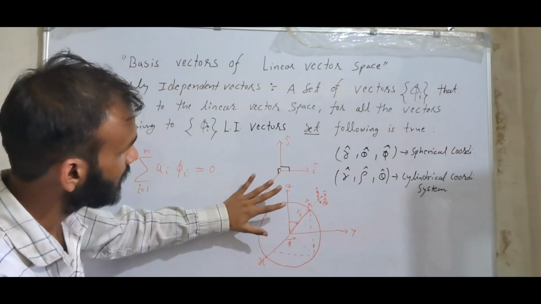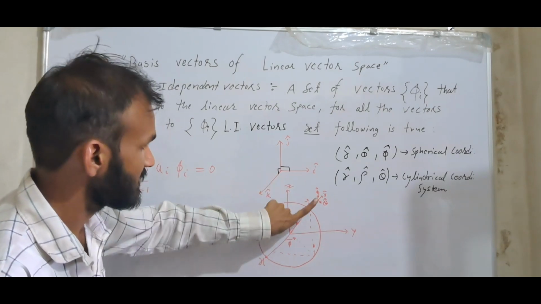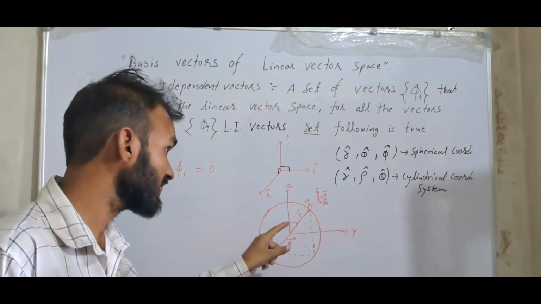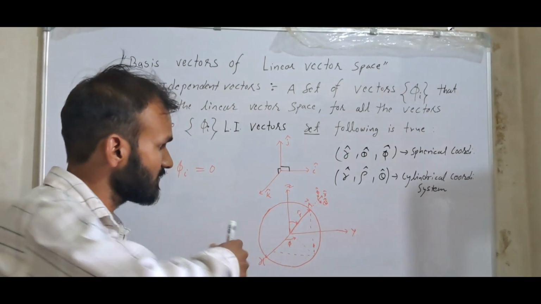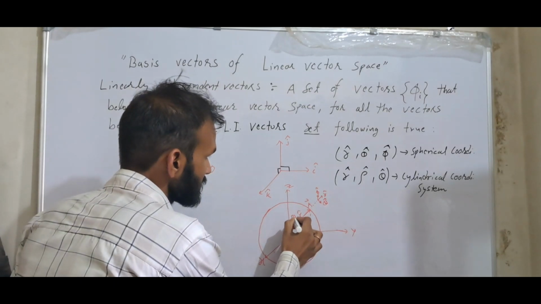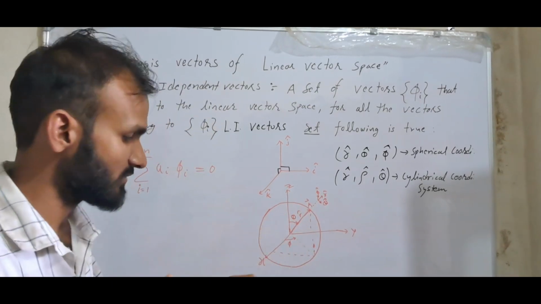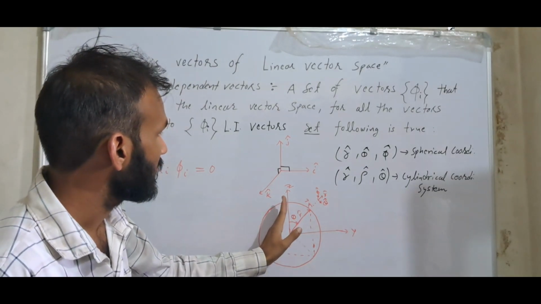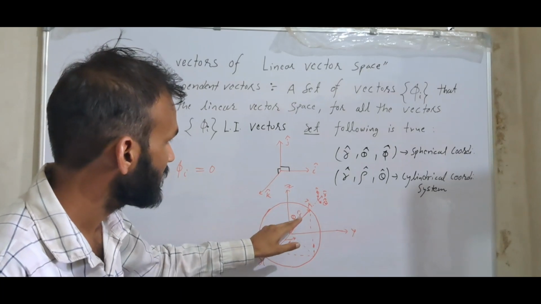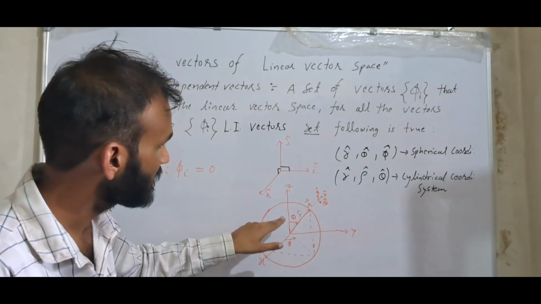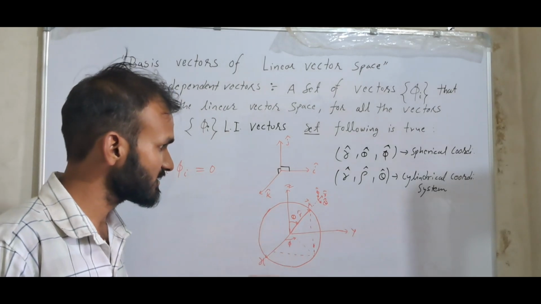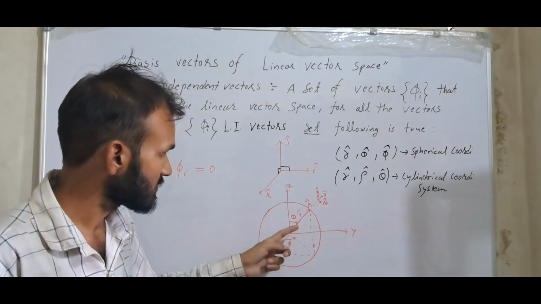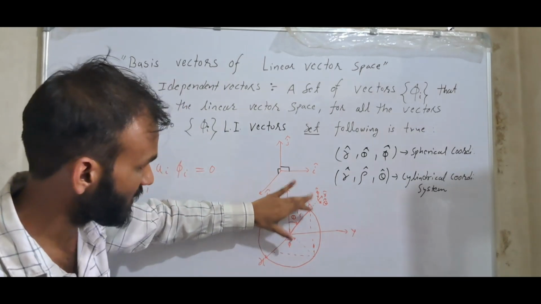You can see that this r vector is represented in this direction, and this is the theta vector. The theta vector is the angle made by this r vector with respect to this z axis, and here the angle made by the same vector is just a mirror image.